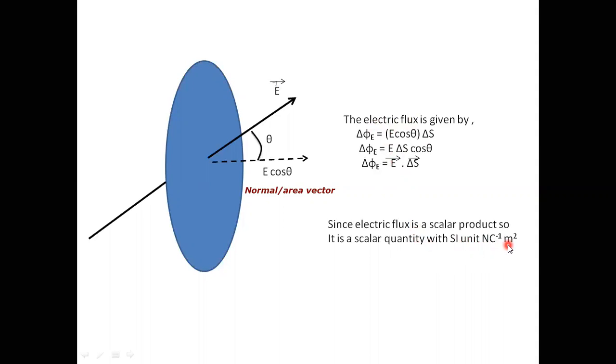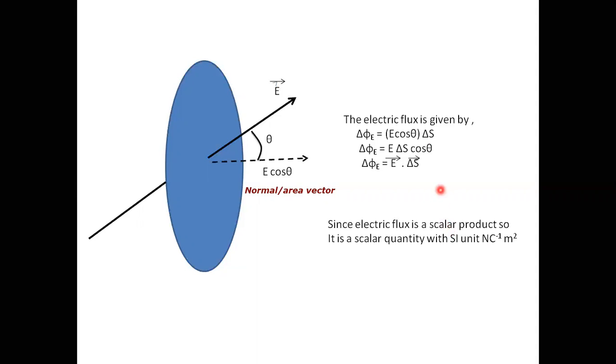Now remember, from the very beginning, we have been stating that we are finding out how many field lines are passing through any surface. So it's just a number, right? We will be finding out only the number of field lines passing through. Since we are discussing only the number part, that's why it is a scalar quantity.